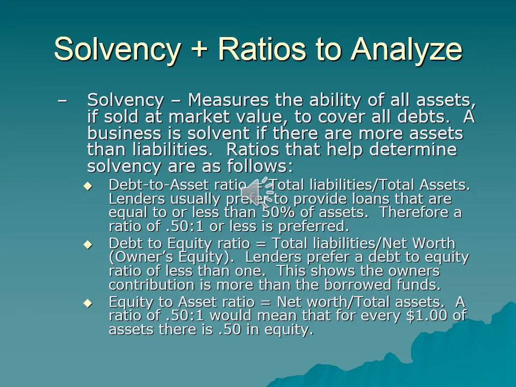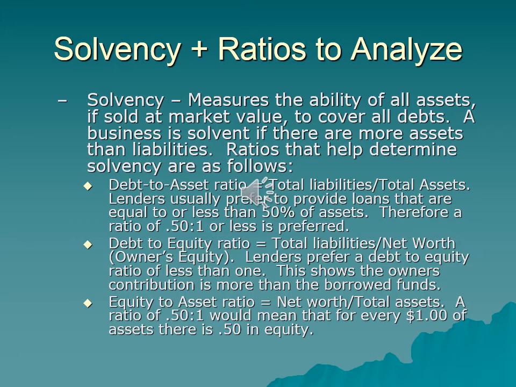Debt to equity ratio equals total liability over net worth, owners' equity. Lenders prefer a debt to equity ratio of less than 1. This shows the owner's contribution is more than the borrowed funds. Equity to assets ratio equals net worth over total assets.